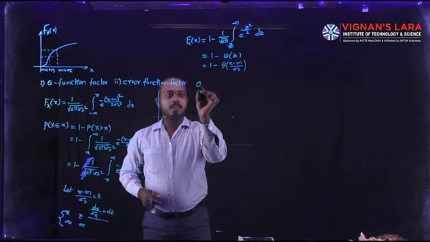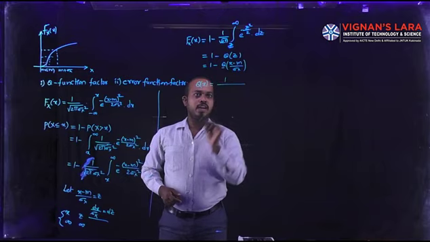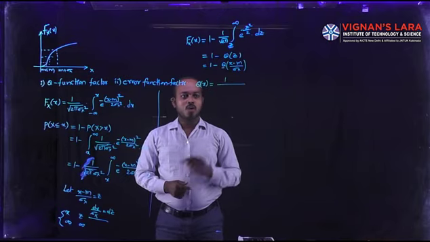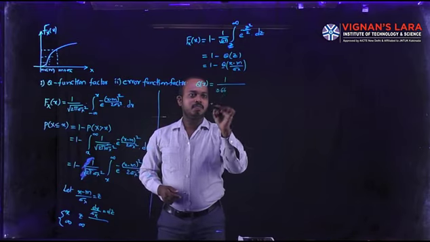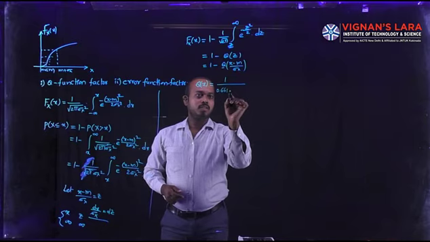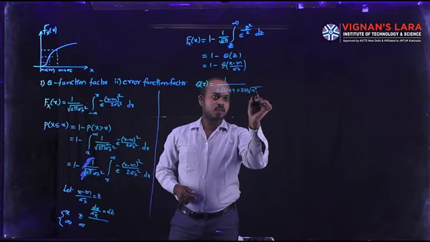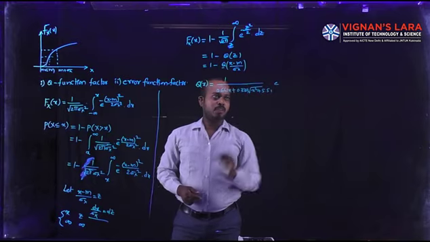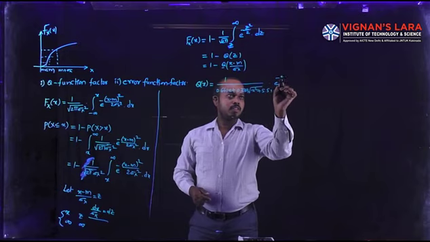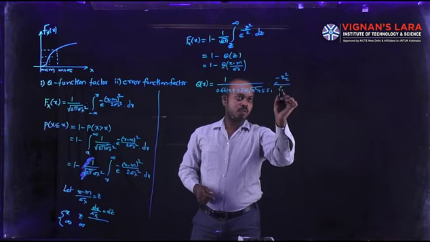The Qx value is Qx is equal to 1 divided by the quantity 0.661 x plus 0.339 square root of x square plus 5.51, into e power minus x square by 2 divided by square root of 2 pi.